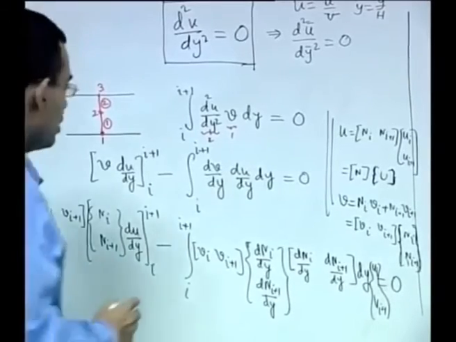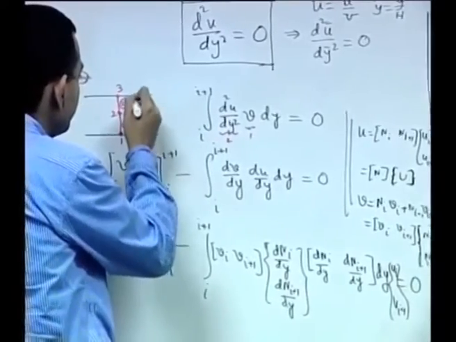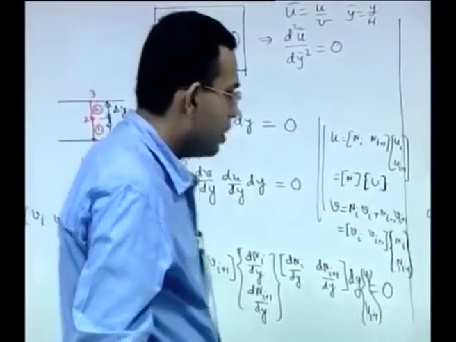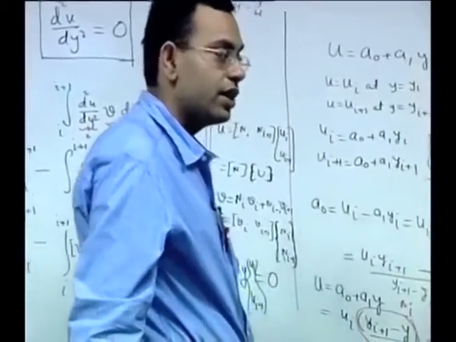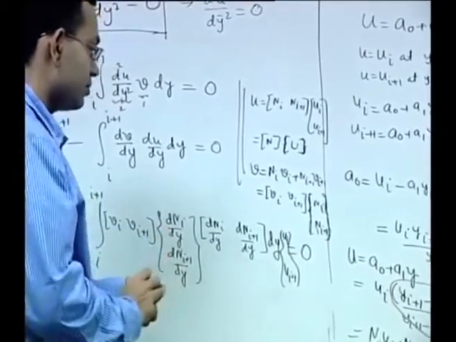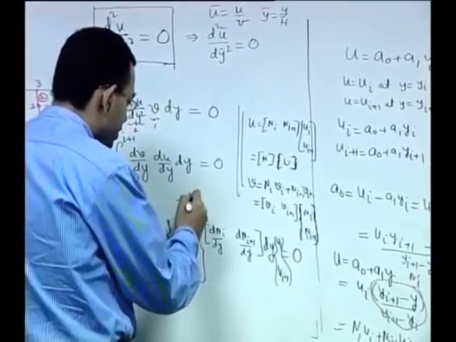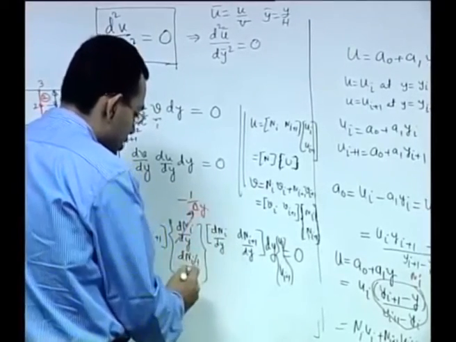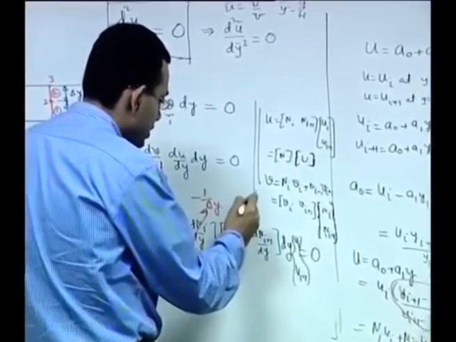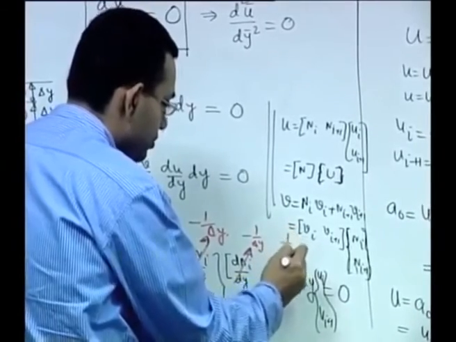Now, considering that each element has length delta y, that is y_{i+1} minus y_i equal to delta y, what is dN_i/dy? Minus 1 by delta y. So this is minus 1 by delta y, this is plus 1 by delta y, this is minus 1 by delta y, this is plus 1 by delta y.